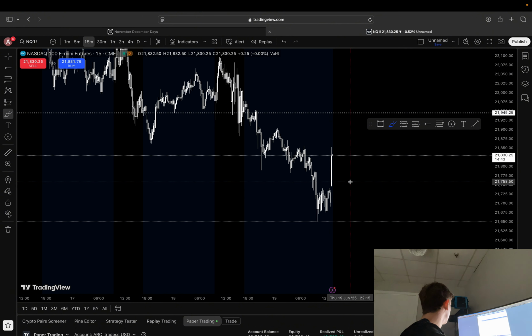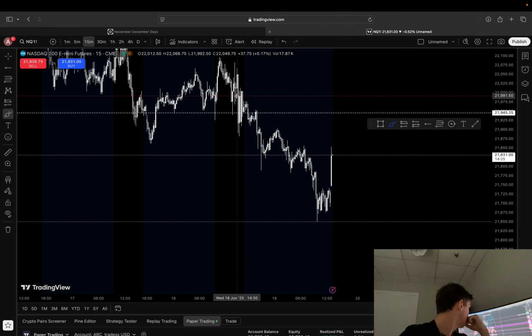News data for tomorrow, the 20th. We are looking good to trade. We'll trade tomorrow, 9:30 a.m., same as every other day.